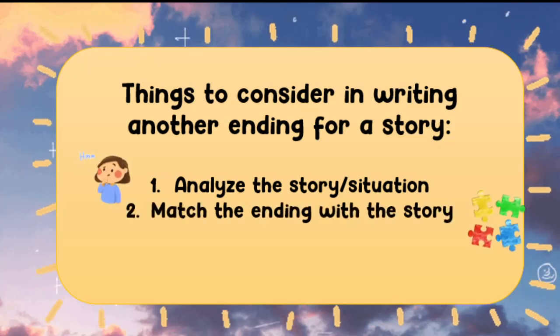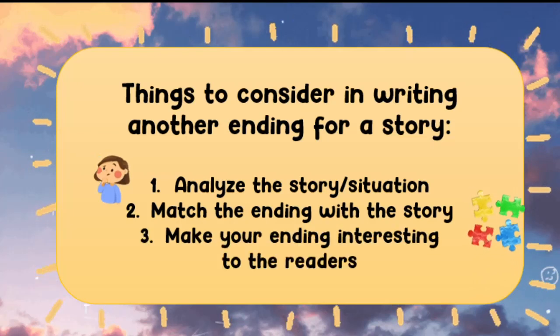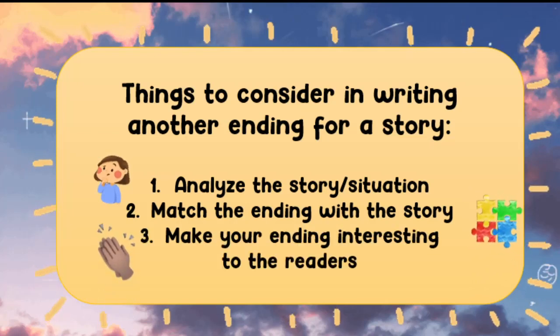Number 2 is to match the ending with the story. We have to make sure that the ending is appropriate to the story, or else it will not make sense. Number 3, make your ending interesting to the readers. To be a good writer, we need to be creative and imaginative.